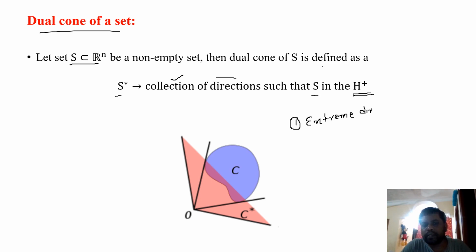One direction is this, which we call extreme direction D1. Another extreme direction for the given set C is this.